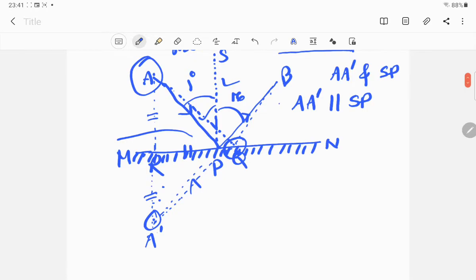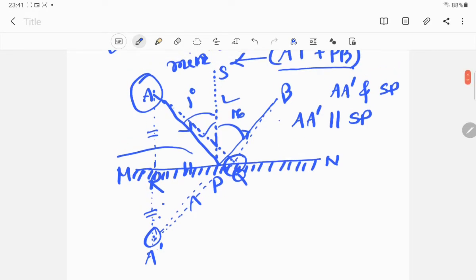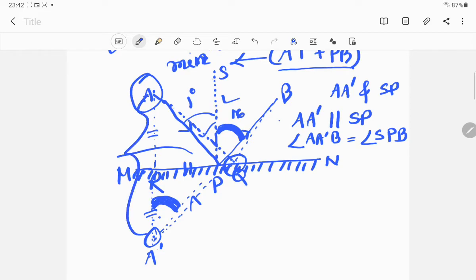So from that point of view, can we write angle A dash BP is equal to angle SPB? Can we write them to be equal? Because A dash B and SP are parallel to each other. I hope you agree with that. These are simple geometry that we have studied in our 10th level.